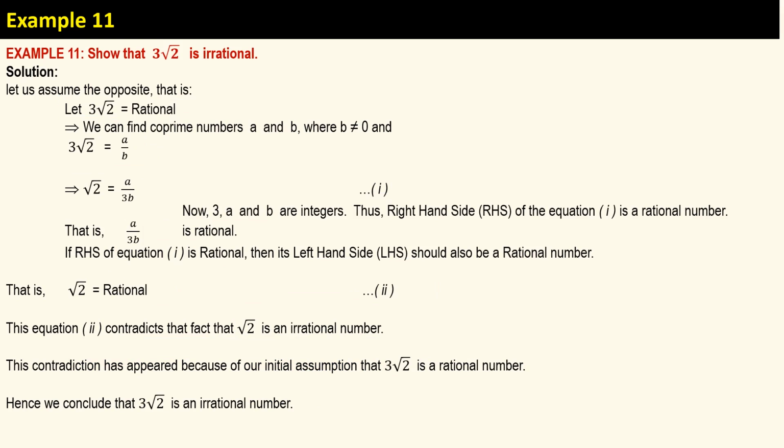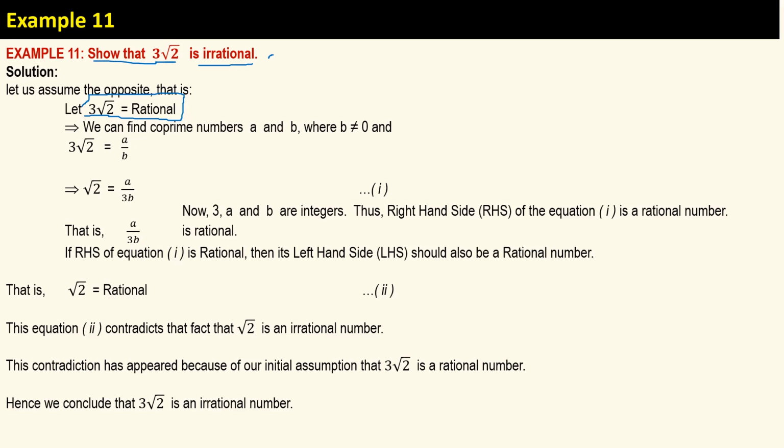Similarly, we can solve example number 11, which says show that 3 times square root of 2 is an irrational number. So let's start by assuming the opposite, and let's say 3 times square root of 2 is a rational number.